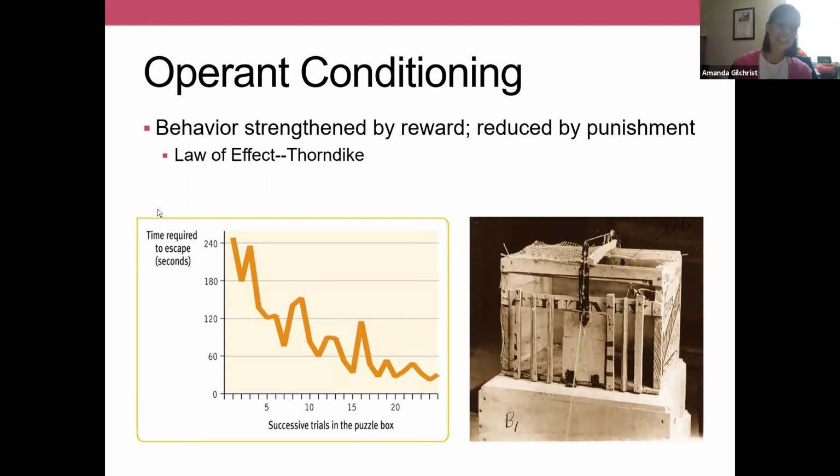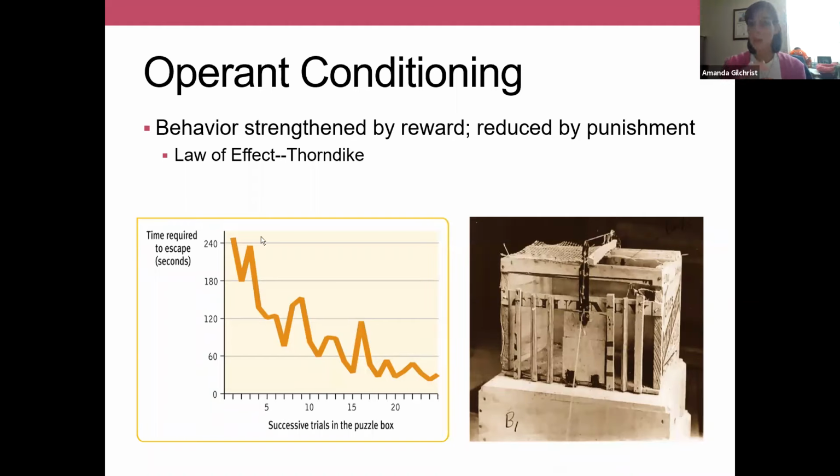What you can see is that initially, on the very first few trials, it takes a while for the cat to escape the box. It's very much happening by accident. So a cat initially, when it escapes the box, doesn't exactly know what it did.